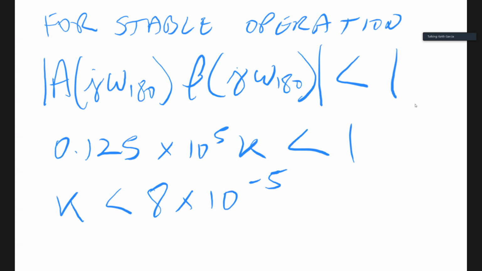Oh, okay, K is just the gain of the beta network in this case. Got it. All right, thank you. Which, as you can see, the beta network tends to have a very low gain. Okay, that's typical. Did that help? Yes, it did. Thank you. Any other questions about 82?